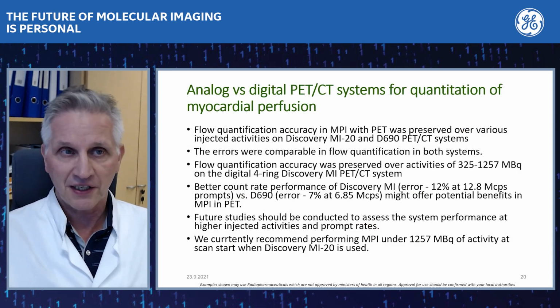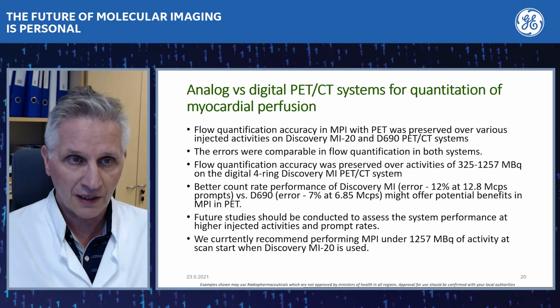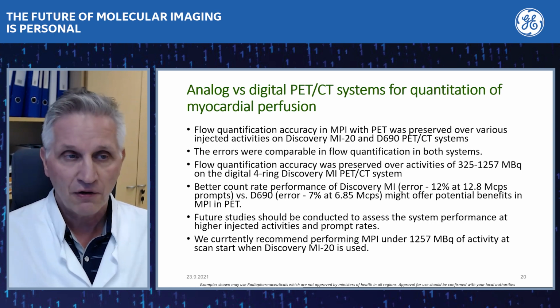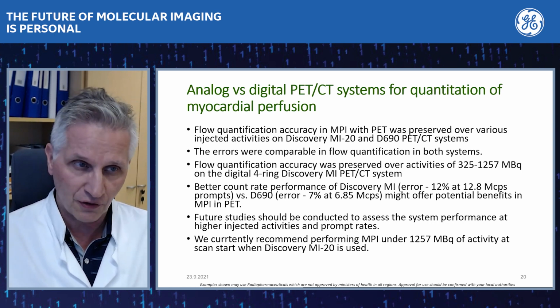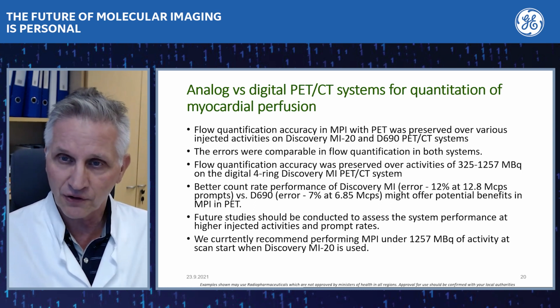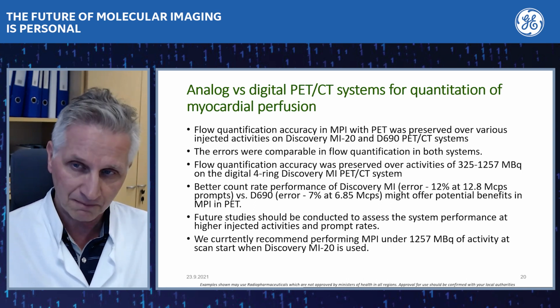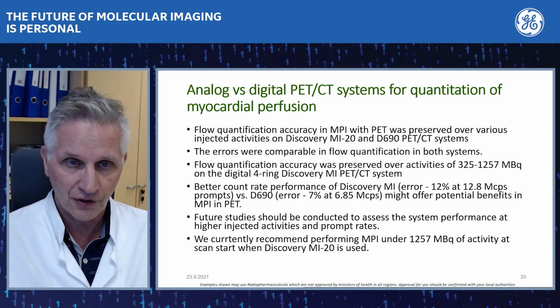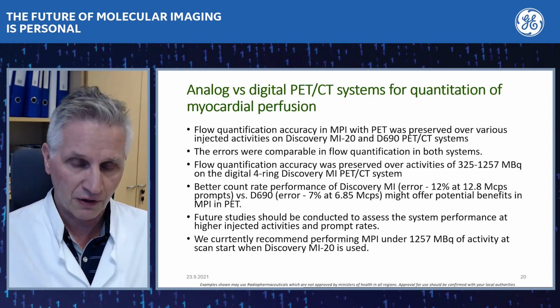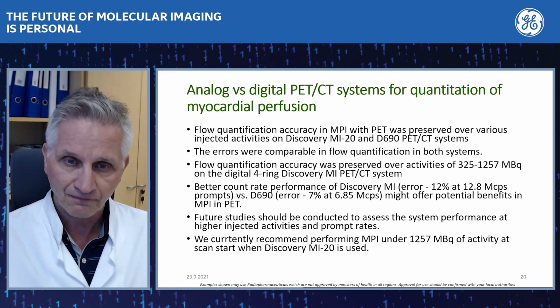So summarizing the comparison between the analog and digital systems, the quantification of flow is accurate in the digital version, and it's preserved over various injected activities, and similar in both scanners. So that's an encouraging finding. And also the errors were comparable in flow quantification in both systems.